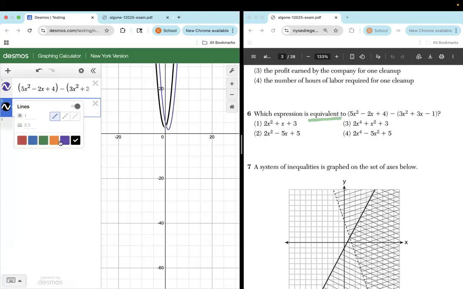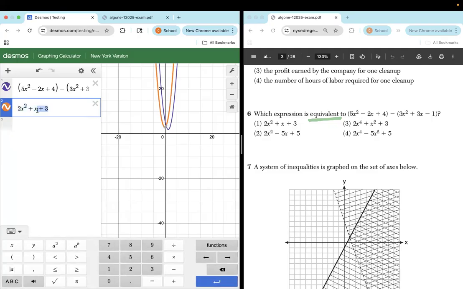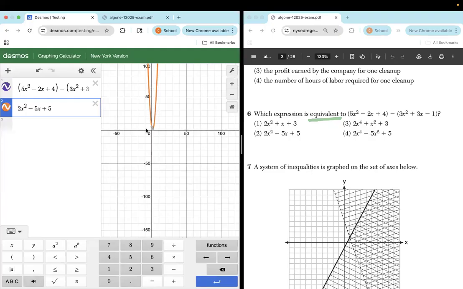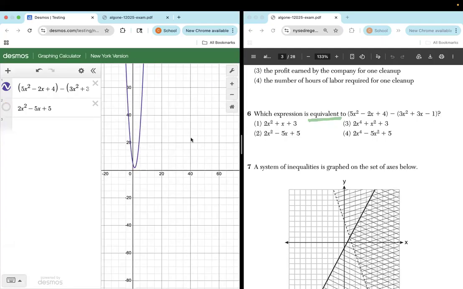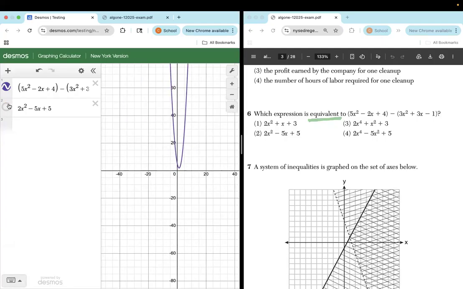I can see that the graphs are not the same, so that's not my answer. Let's test out choice 2. 2x squared minus 5x plus 5. And there I can see the graphs are exactly the same, so that means these two expressions are equivalent. So my answer is 2.